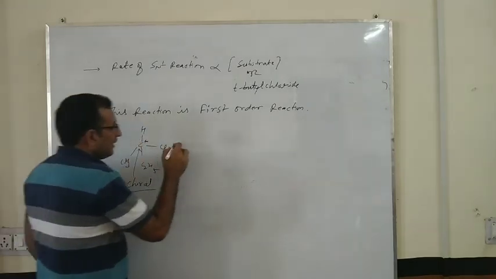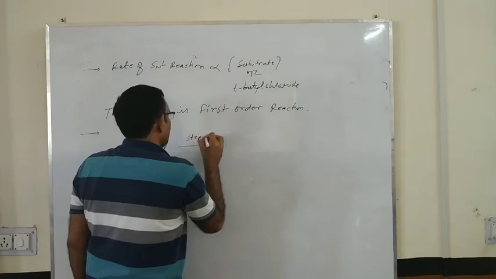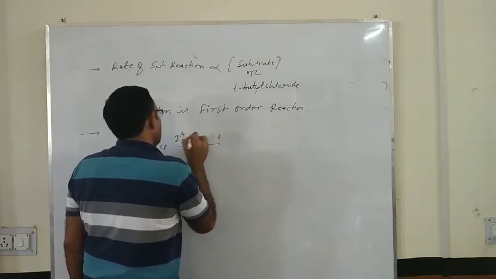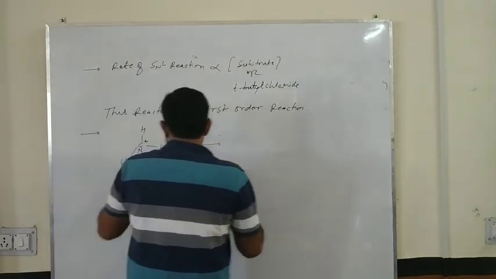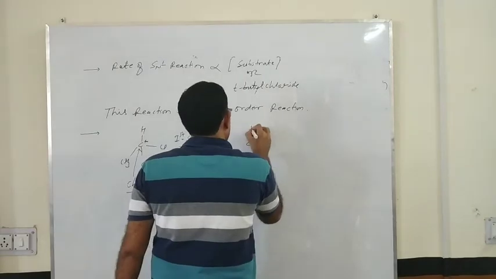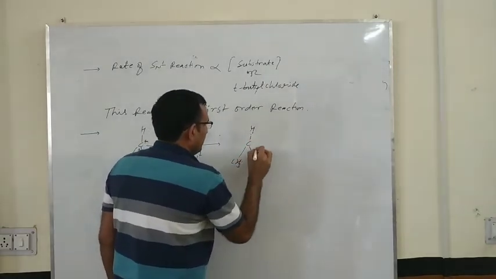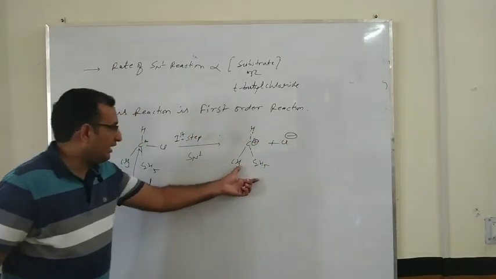And in the chiral molecule, the first step is formation of carbocation in SN1 reaction. Cl is the leaving group: H CH3 C2H5 plus Cl minus, formation of carbocation.